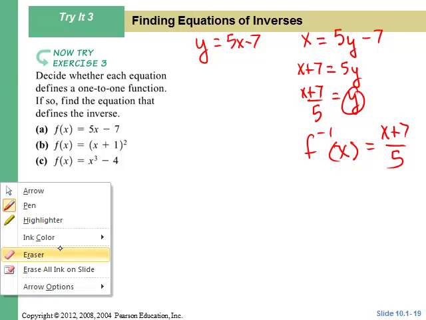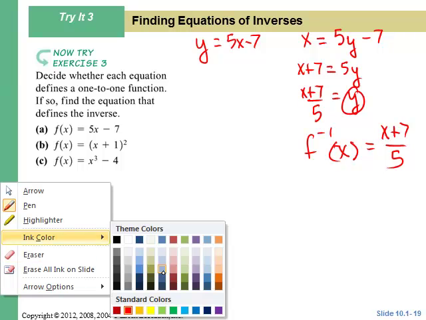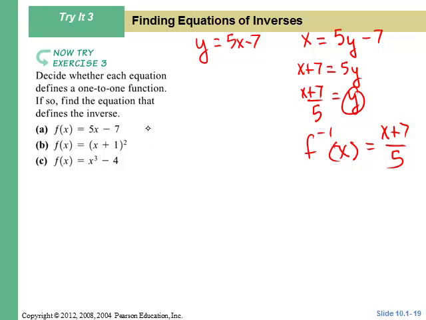I'm going to switch colors and do b. This is not a function because when you take the square root of both sides, y equals x plus 1 squared, you get plus or minus here, which means that y will have two values. So it is not a one-to-one.